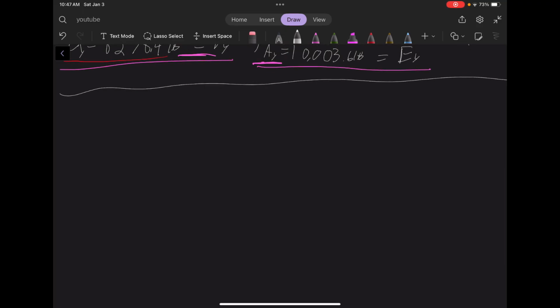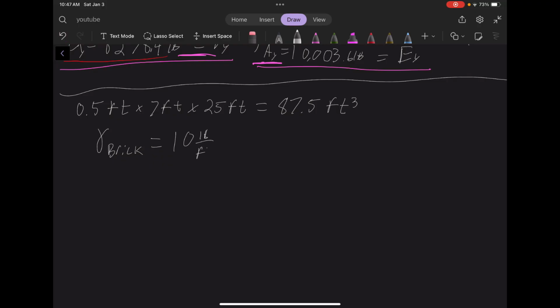So I said the 6-inch thick, I just converted that real quick to half a foot times 7 feet times 25 feet, which gives us the volume of the brick wall, which is 87.5 feet cubed. And then from my text, I have 10 pounds per foot squared per inch.